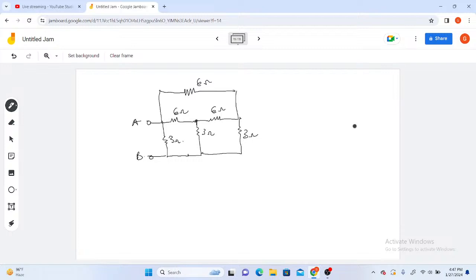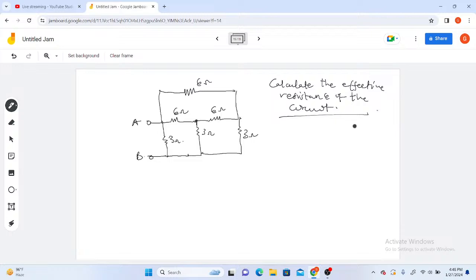At this point, the problem is to calculate the effective resistance of the circuit. Please pay attention. This is what the question says. Calculate the effective resistance of this circuit.